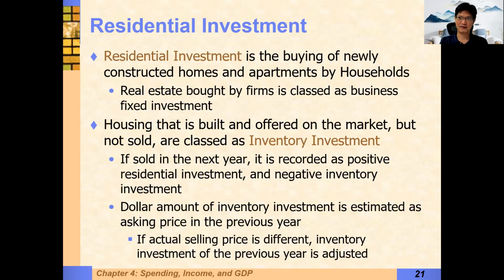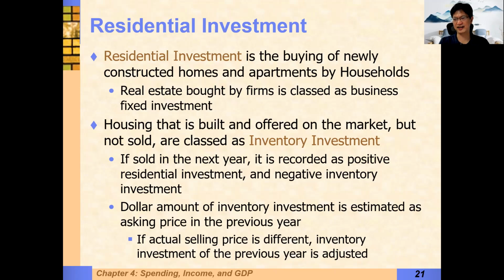Now, what if the developer offers it for, let's say, 1 million in 2020, and in 2021 they only managed to sell it for 800,000? Well, what we do is we go back and we change the number. Originally they had 1 million inventory investment. We say, oh, that was wrong.